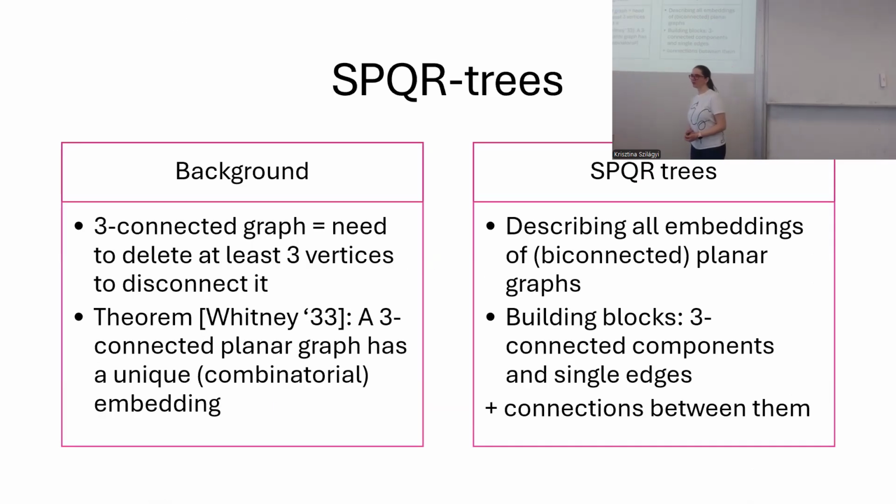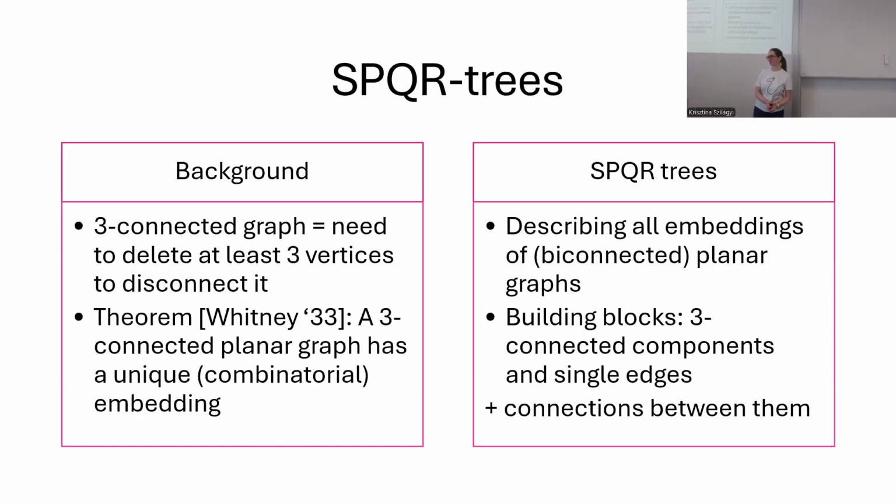So a bit of background. Hopefully you all remember that a triconnected graph is a graph where you need to delete at least 3 vertices to disconnect it. And there is a theorem by Whitney from the 30s that a triconnected planar graph has a unique embedding.